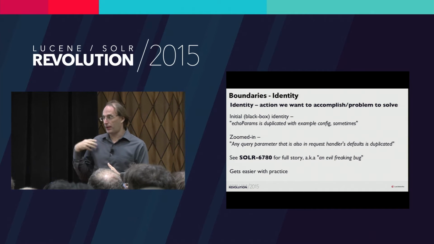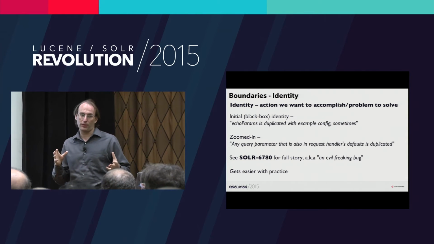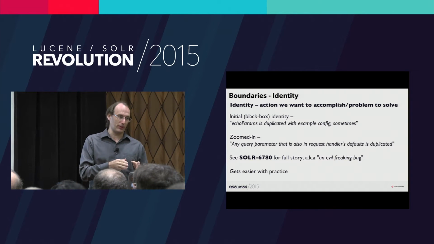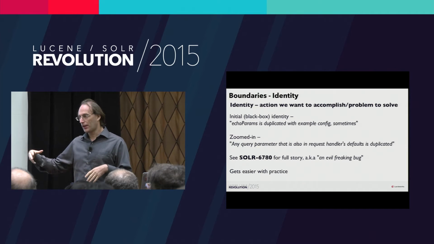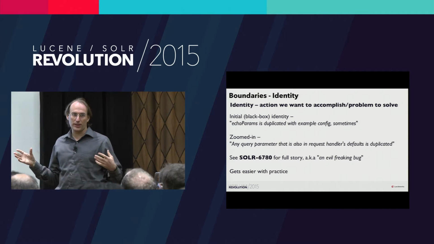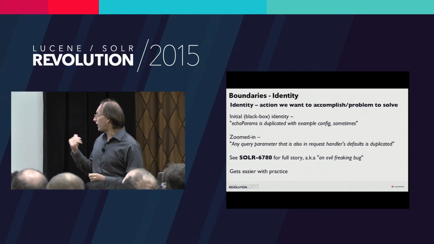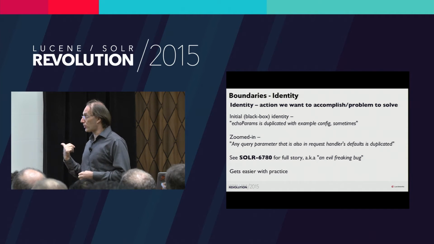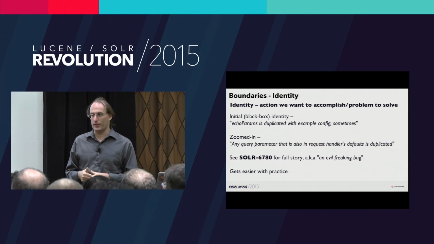That makes it a lot easier to troubleshoot, because if it's any query parameter, you know it's not something special about this parameter. You know it's something about how parameters are handled in general, right? So it eliminates a lot of very specialized subsystems. But it also showed that because it's any query parameter, the impact was quite significant.